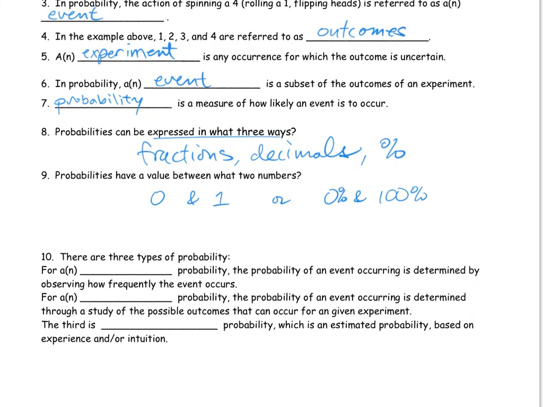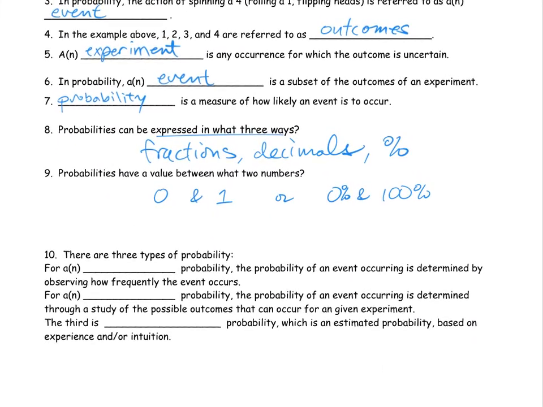For the last little bit on this page, just when you think there couldn't be any more, there are 3 types of probability: empirical, theoretical, and subjective. Subjective, we can pretty much just call an opinion.